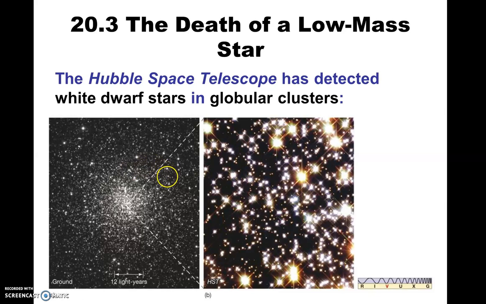These things are orbiting the center of the galaxy, as we're going to find out a little bit later. So we find white dwarfs in these stars because they're ancient, and so a star the mass of the sun would have had time to go through its entire life cycle and become a white dwarf.